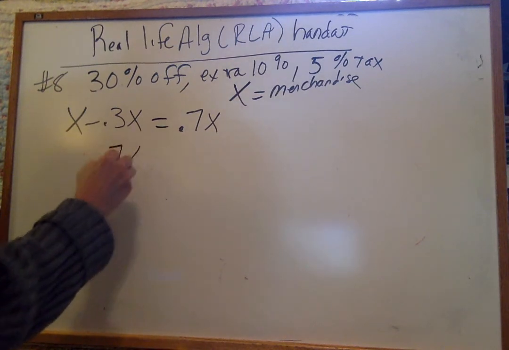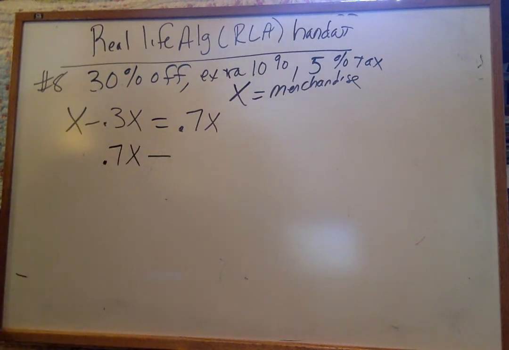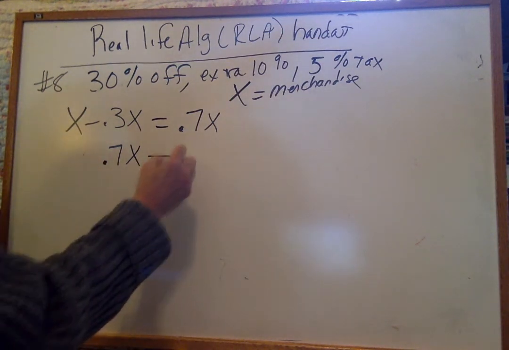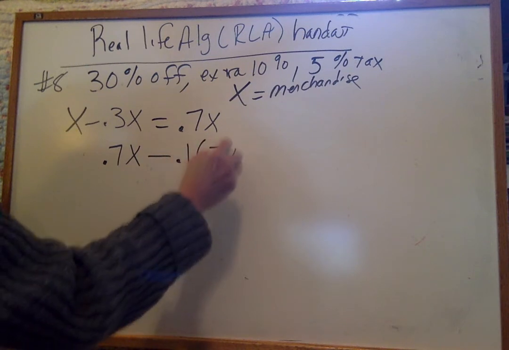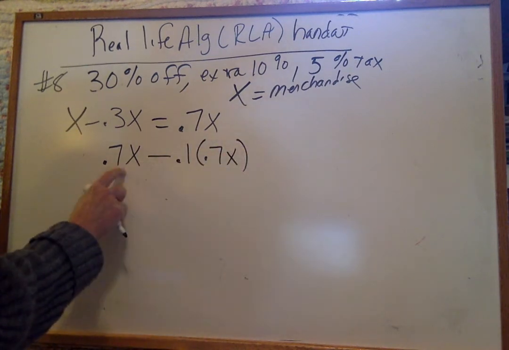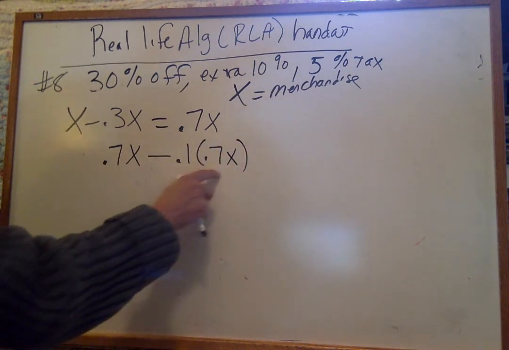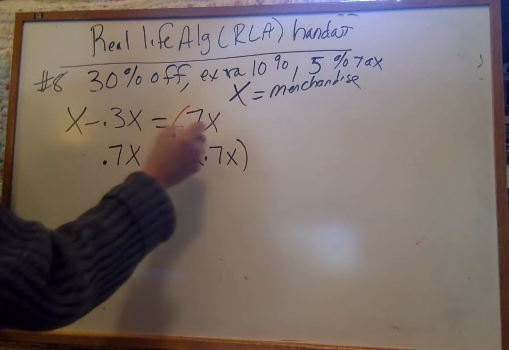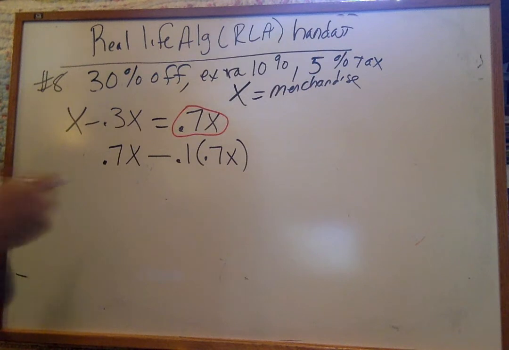Now they're going to take 10% off of that. 10% off of what? Off of that price. That's the sale price. So sometimes if you want to circle your little bubble, that's the sale price.